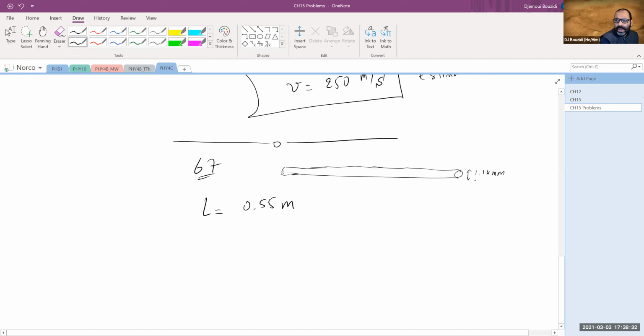It's much, much longer, so it's a thin one. So the radius here is even half that value, okay? 0.5 whatever millimeter, so it's a few hundred micrometers, okay? So it's a thin wire, okay? And it's made of steel, so it's important to mention that because we probably are going to look up its properties, okay?